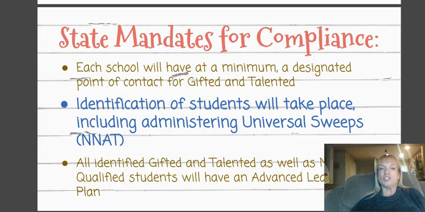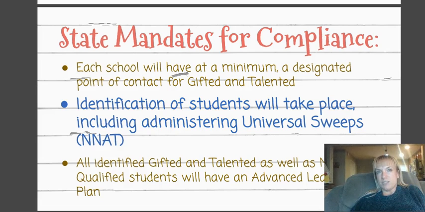At a minimum, each school will have a designated point of contact for gifted and talented. That's each of you. Within the charter schools, it is a variety of individuals. We've got principals, vice principals, teachers, and counselors that are all serving in that role. Identification of students will take place each year, including universal sweeps, and I'll talk about what we mean by universal sweeps.